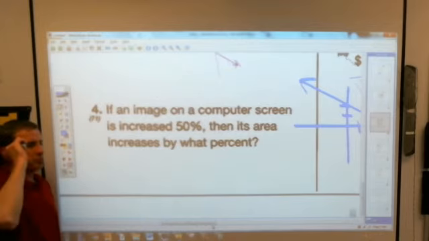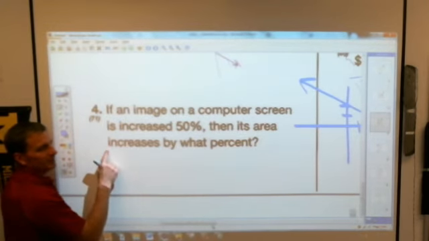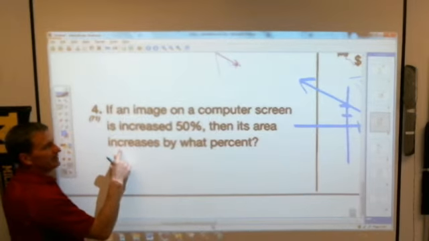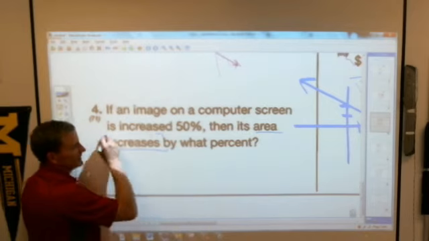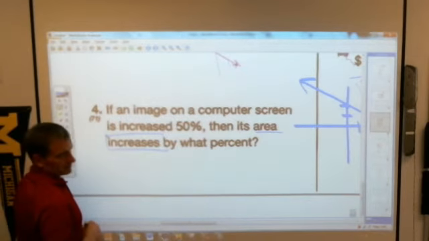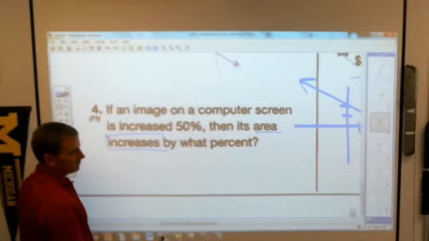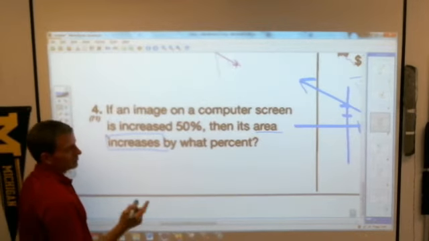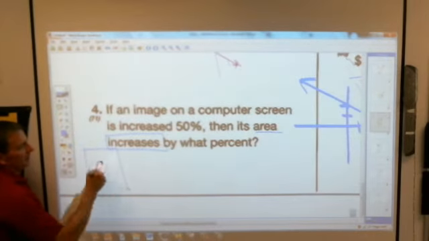Please understand the problem with this one usually is in the wording of the problem. The question you are asked is its area increases by what percent? Okay, it increases by what percent, not what is its final percentage. So let's start at the end and work our way back to it.